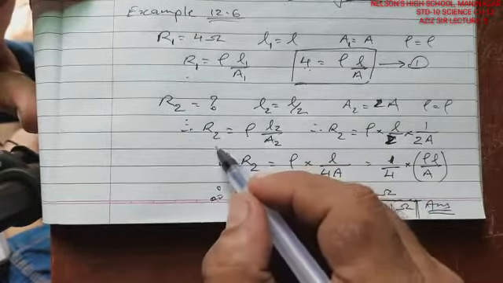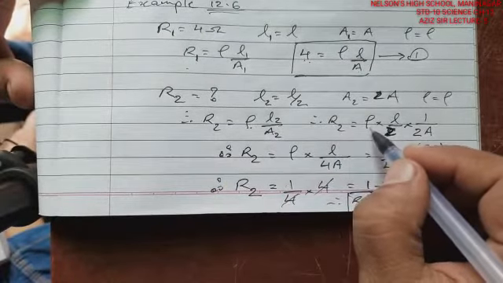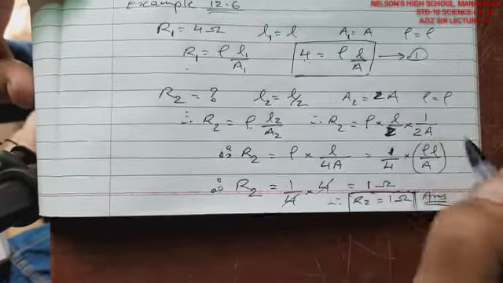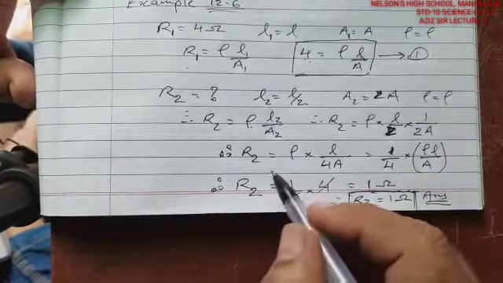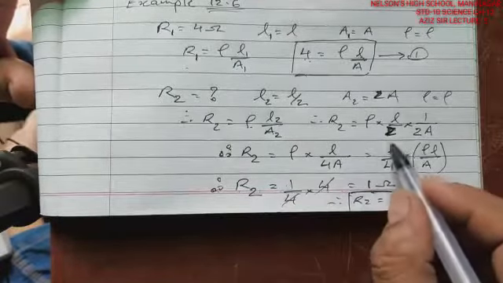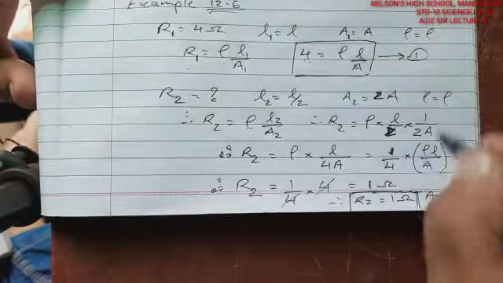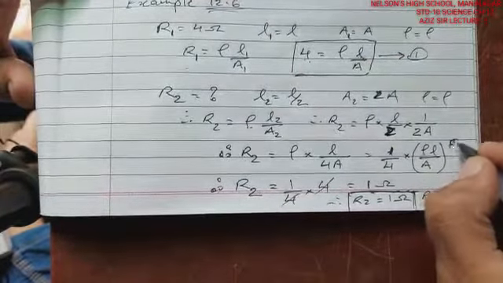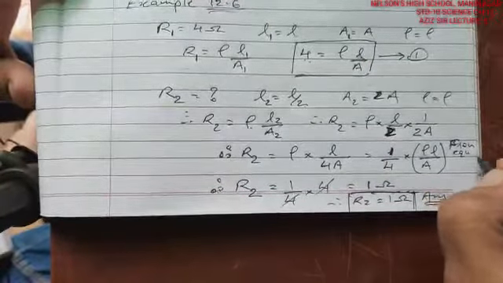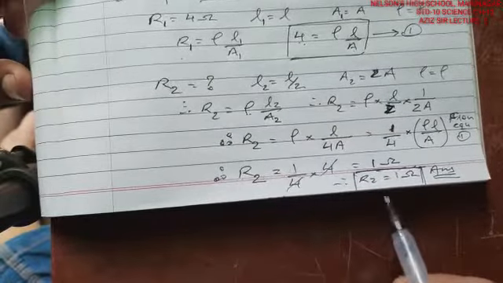Using the same resistance equation, rho L2 upon A2, the R2 value will be rho, with L by 2 and cross section area 2 times A. So R2 is rho L upon 4A, because 2 multiplied by 2 is 4, so 1 by 4 rho L by A. From equation 1, rho L by A is 4. So with 1 by 4 multiplied by 4, cancelling comes to 1 ohm. So R2 is 1 ohm.